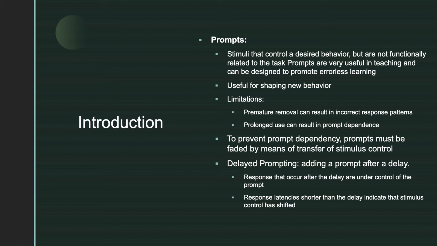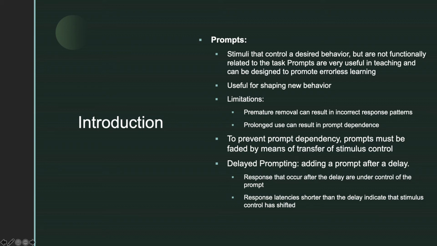The other limitation is that if we use prompts too long, then it can result in prompt dependence, and that makes fading those prompts more difficult. So it's like a fine line we have to walk between ensuring we're using prompts effectively and frequently enough, but also making sure we have a systematic plan for removing them when we can. And obviously we're going to base our removal or fading of the prompts on the data.